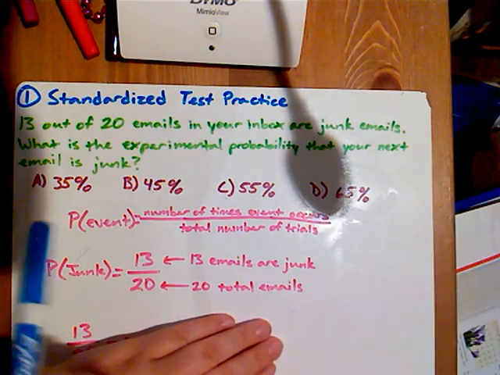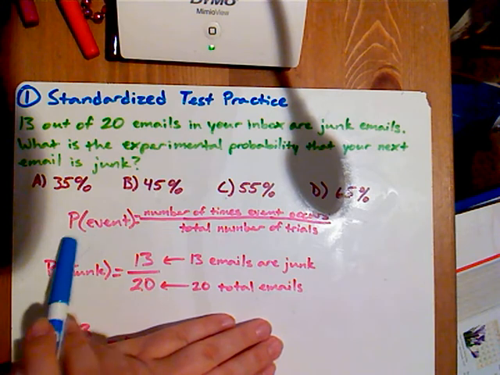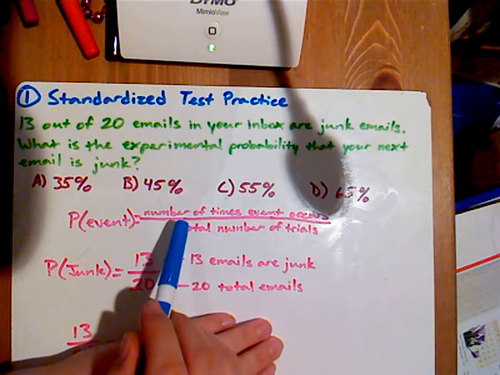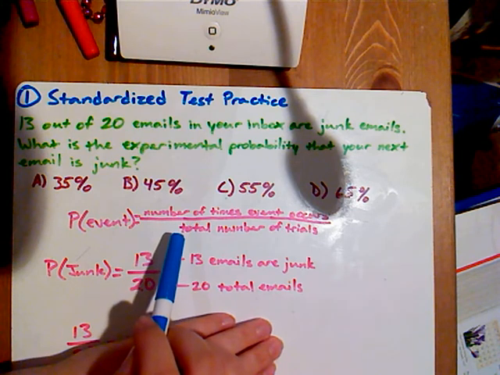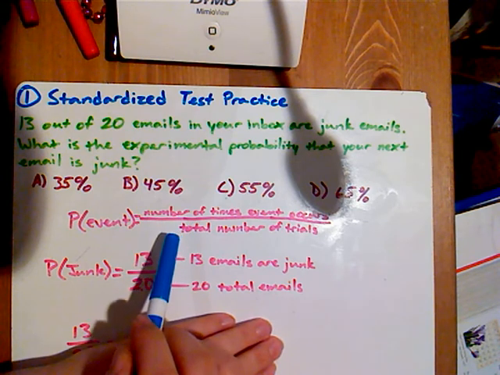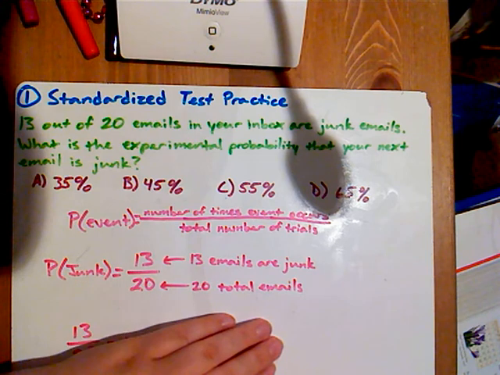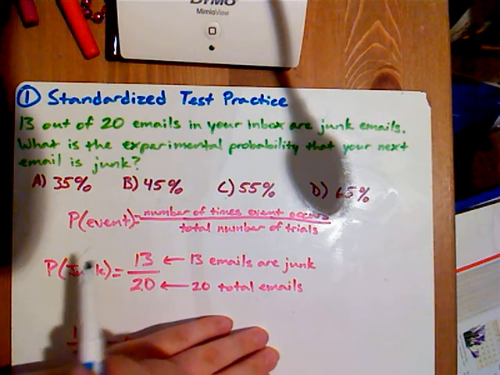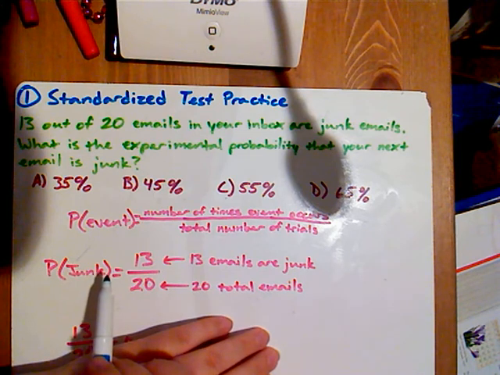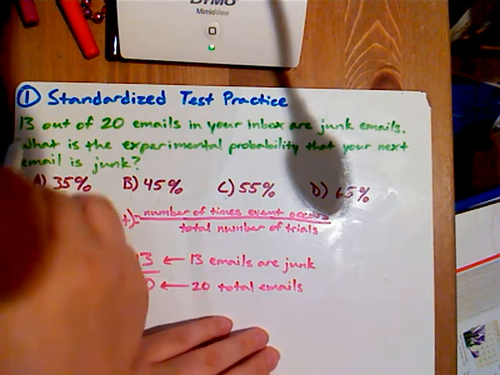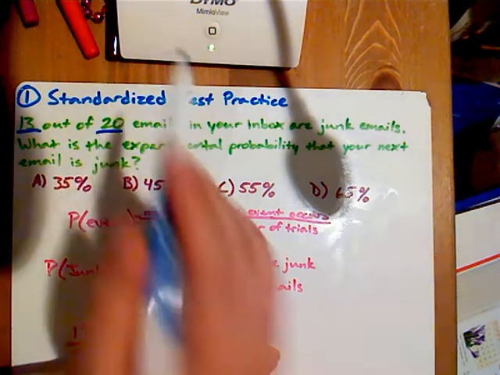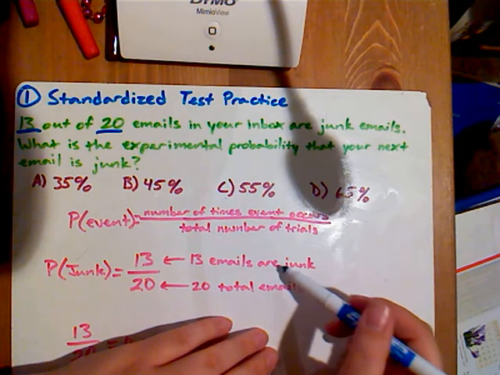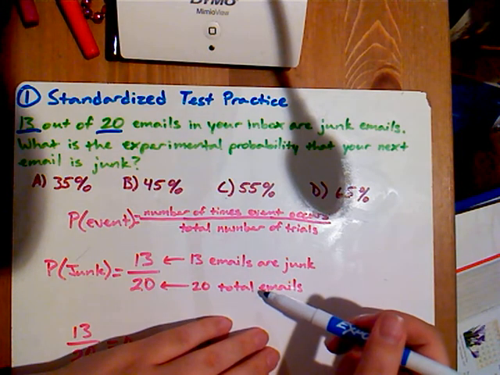So once again, we write this out as P of the event equals the number of times the event occurs over the total number of trials. And so we use numbers from our word problem. So P of junk, we've got 13 and 20. 13 is the number of emails that are junk, and 20 is the total number of emails.